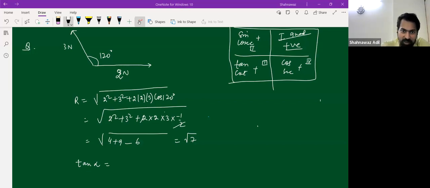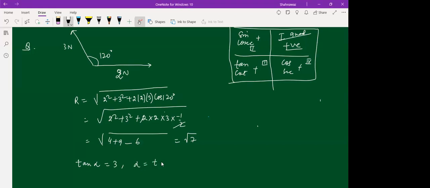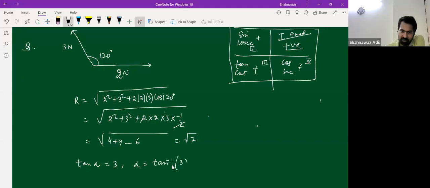Okay, so if the majority is telling that it is 3, then let's accept that this is 3. And then alpha would be how much, guys? Tan power -1 of 3, right, so tan inverse 3. So this would be the direction.